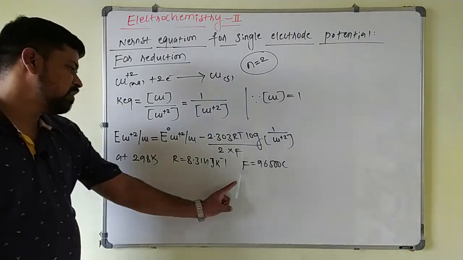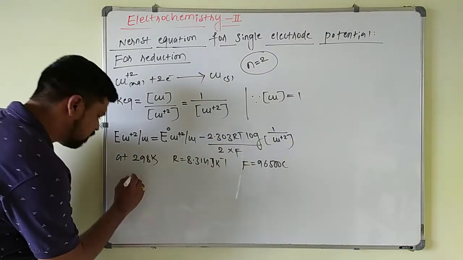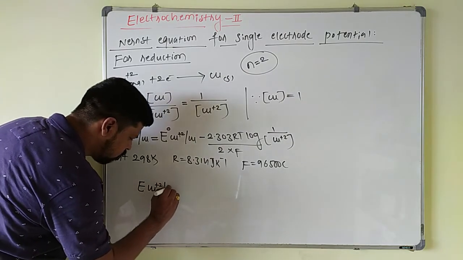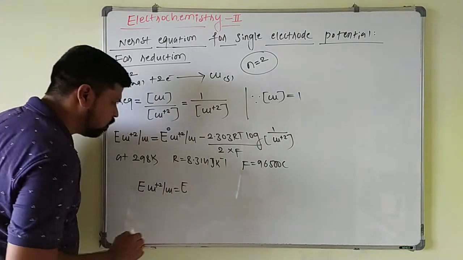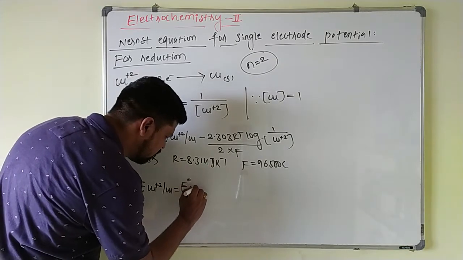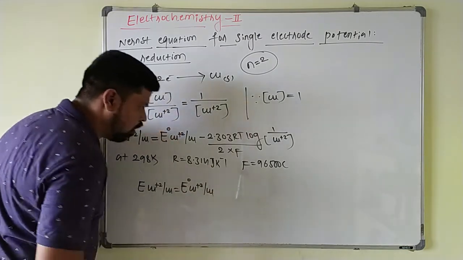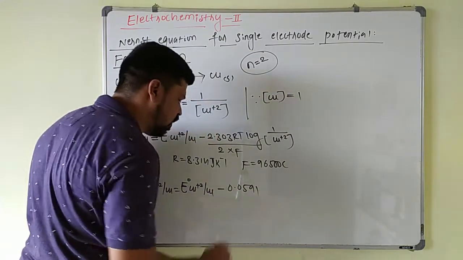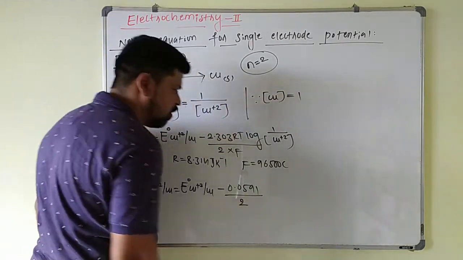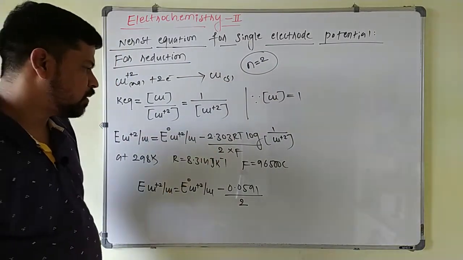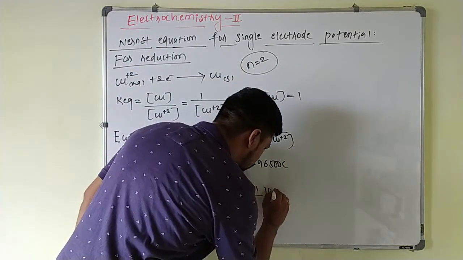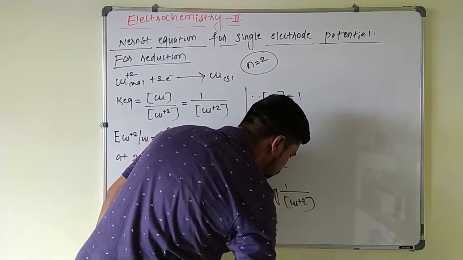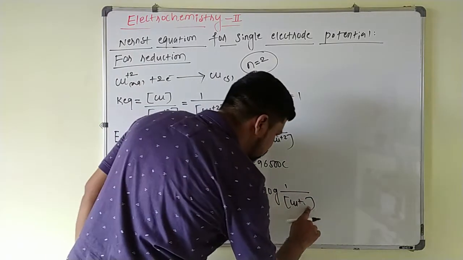Now if you substitute these values, this equation becomes: reduction potential of copper is equal to standard reduction potential of copper minus 0.0591 divided by 2, and F is already substituted, into log of 1 divided by the molar concentration of copper plus 2 ions.